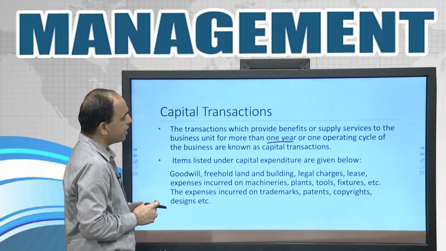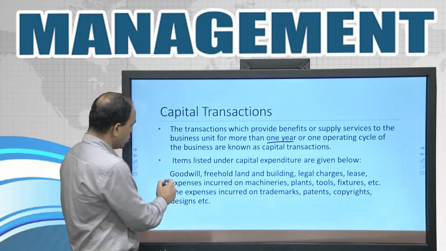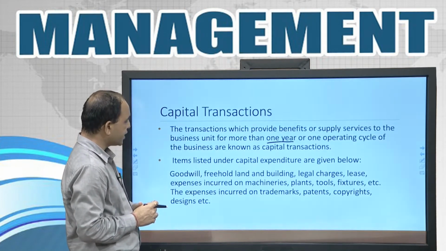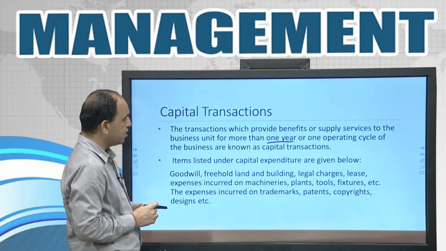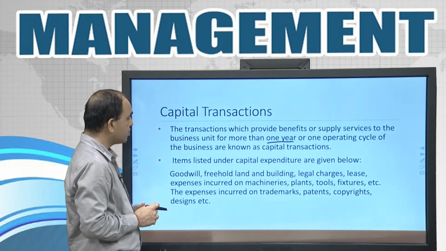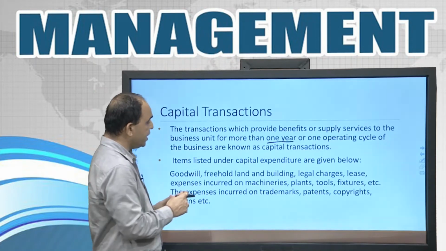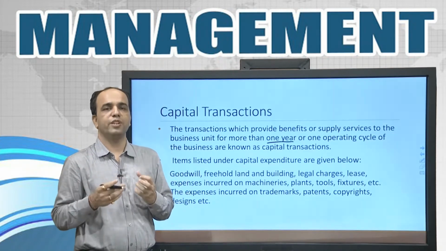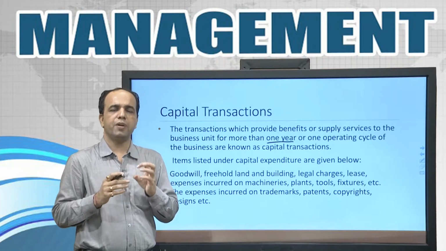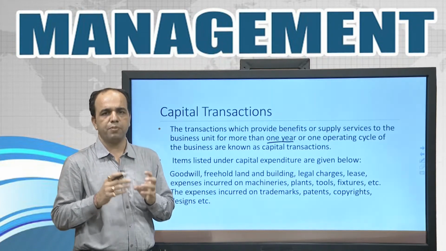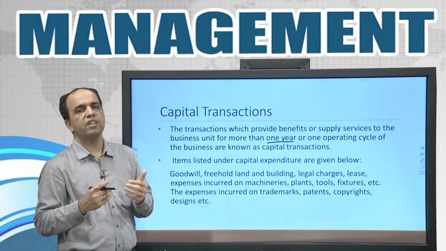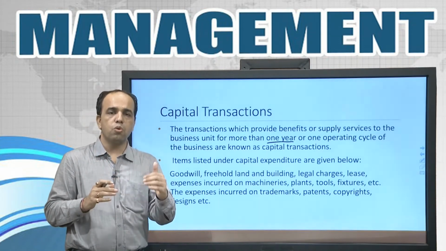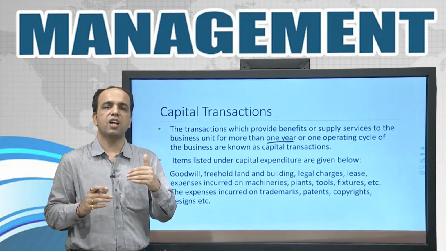Items listed under capital expenditure are given below: goodwill, freehold land and building, legal charges, lease expenses incurred on machineries, plants, tools, fixtures, etc. The expenses incurred on trademarks, patents, copyright, designs, etc. are also for more than 1 year. So, friends, in a capital expenditure or capital nature of transaction, if we purchase any building, machinery, we know that the service of the items we have purchased is more than 1 year or more than one accounting cycle.